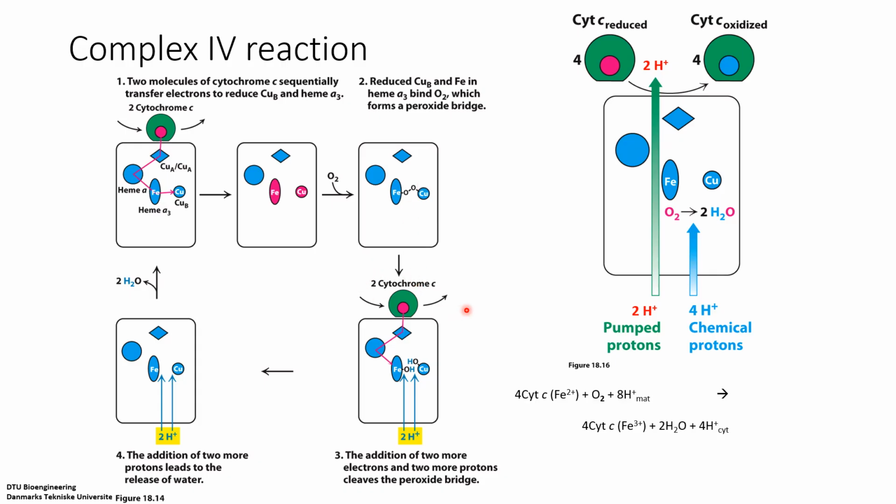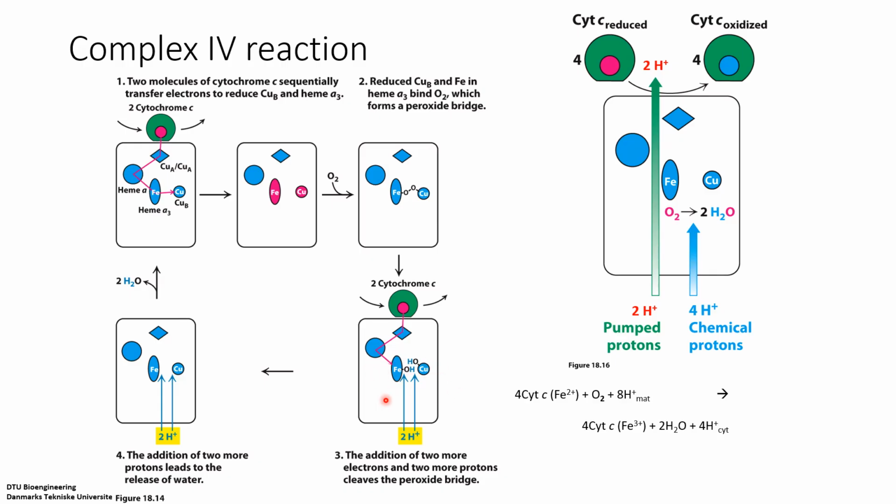We get the second cytochrome C. So remember, we had 2 cytochrome Cs from complex 3. So the second cytochrome C comes in, is oxidized, releases 2 electrons that go through the system, and in order to be reduced, pulls in 2 protons from the matrix and forms 2 alcohol groups.